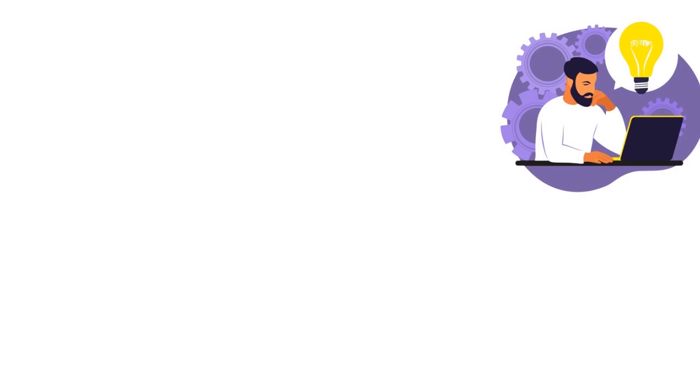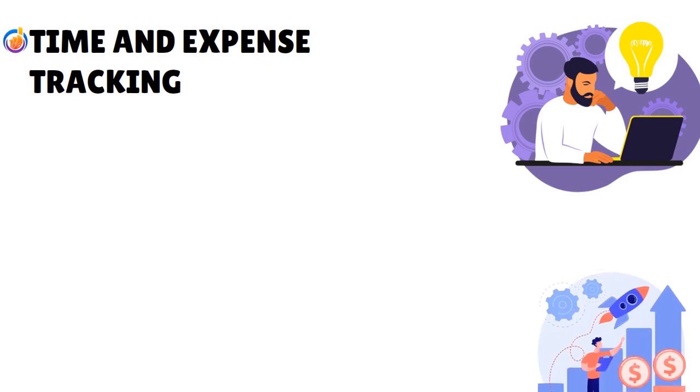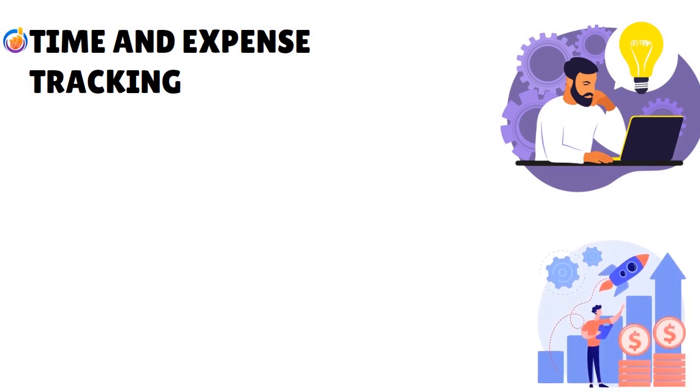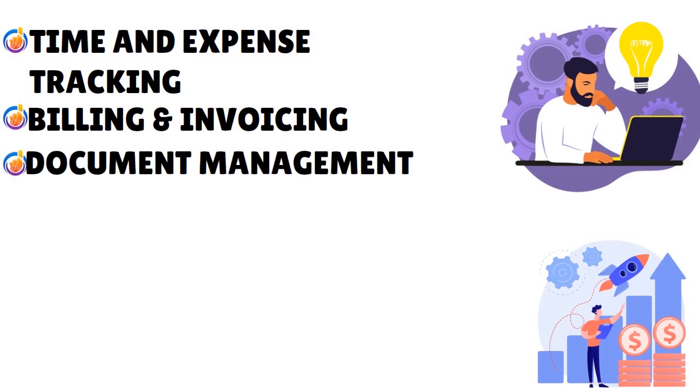Clio has 6 prominent features, and so does Actionstep, but those features are different. So Clio does have time and expense tracking, which is really important for revenue generation and revenue tracking. Clio does have billing and invoicing. So this, again, is trying to streamline the whole revenue generation process. Clio does have document management, albeit not really sophisticated, but hey, listen, it is still something.